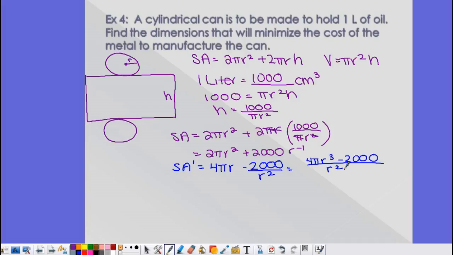And then what we want to do is set the numerator equal to 0 and find the zeros of the cube root. So we get 0 equals 4 pi r cubed minus 2,000. 2,000 divided by 4 is going to give you 500.